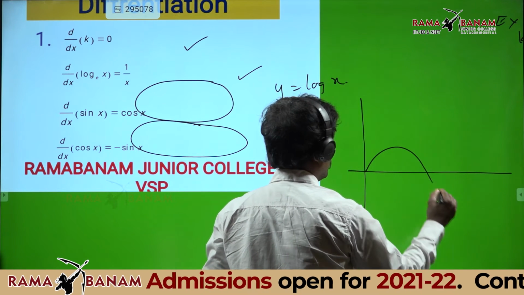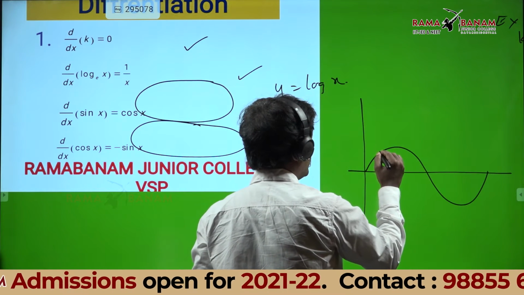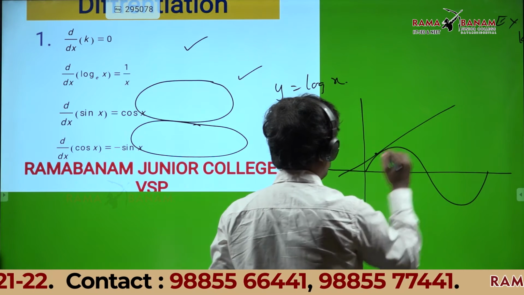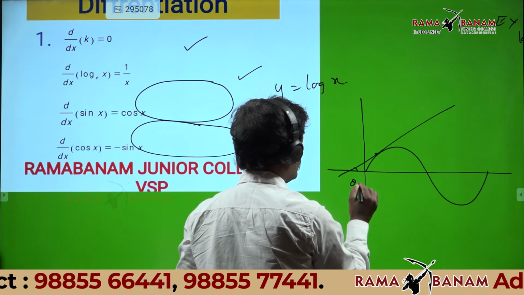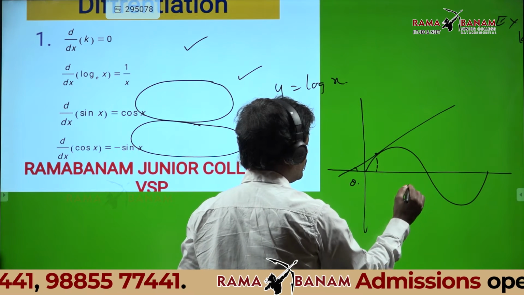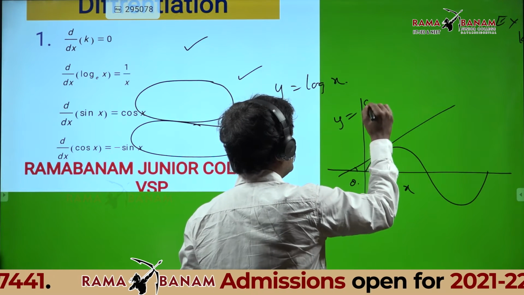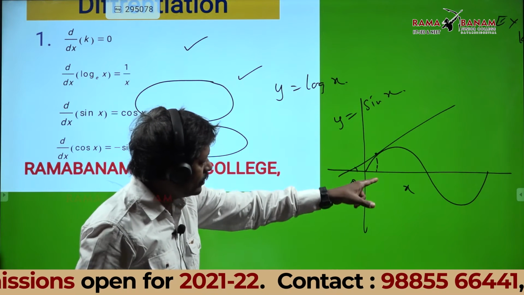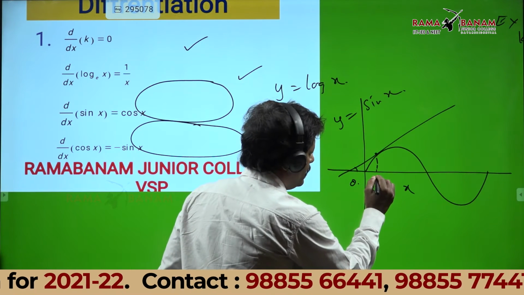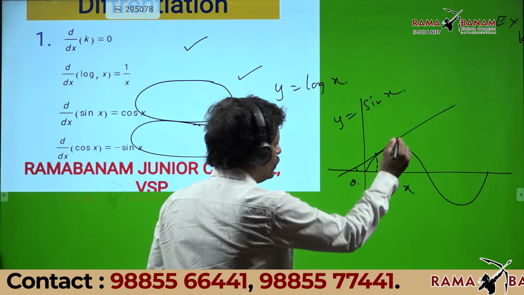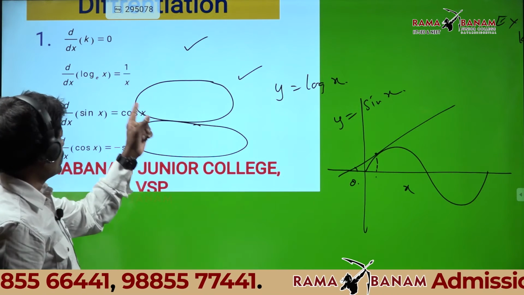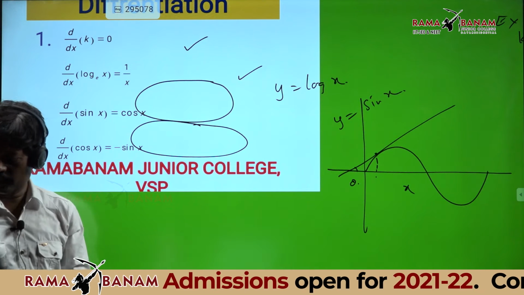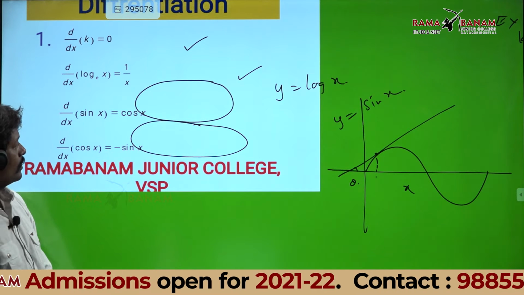Sin x curve, I will draw a tangent somewhere here, and this is theta, this is the value of x, this is the value of y equal to sin x. Slope of the tangent drawn at some value of theta, x value, gives you cos x. Slope of the tangent drawn at a point on sin x curve is cos x.